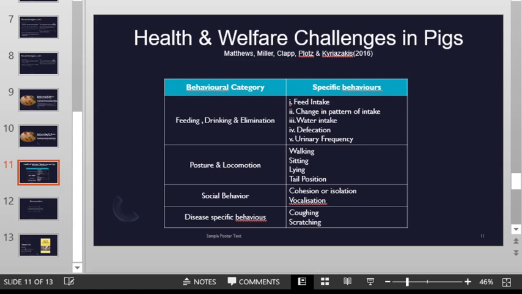Like I said, pigs are social animals, and you actually want to ensure that they do things together. So there are these specific behaviors. Coughing is a red flag. Protracted coughing is a red flag. Scratching: when you have skin problems like mange, and other worm related infections, you will see the animal scratching their body on the walls of the pen and trying to relieve that pressure.